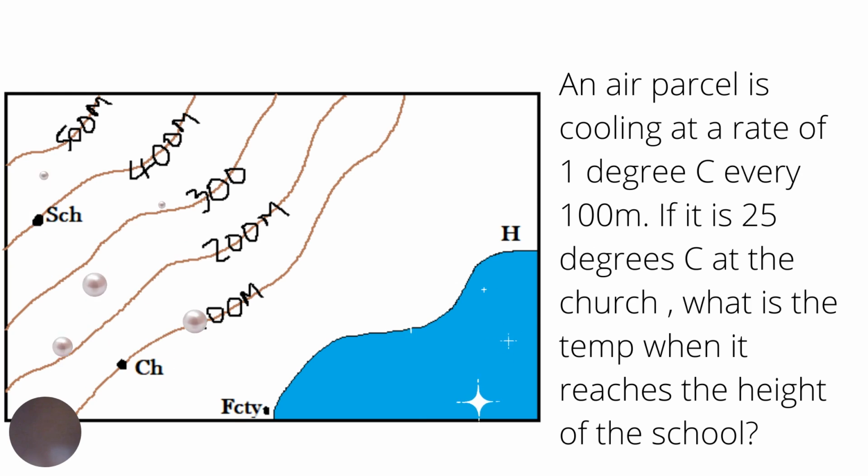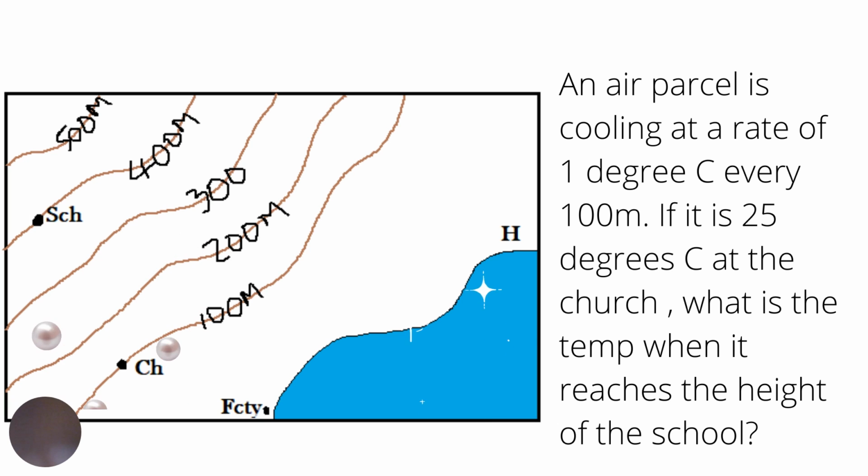All right, now let's do a little bit of map work. Yes, map work, even though we're talking about the atmosphere, this is not even a synoptic chart. This is a topographic map, and what you're looking at are contour lines, as you can see. The different height levels in meters.